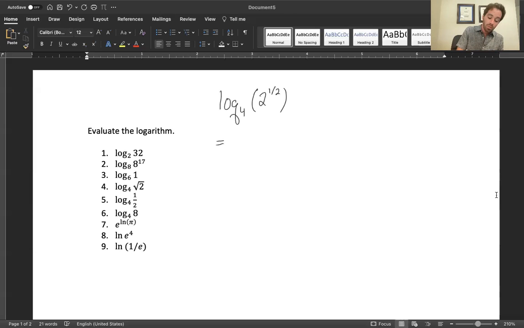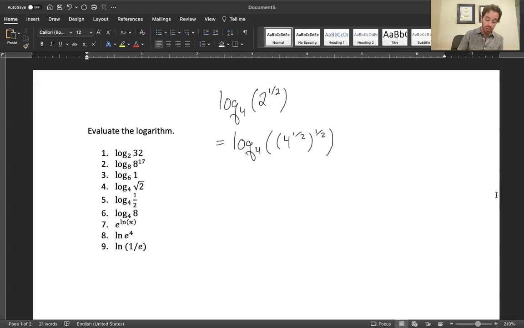So with that goal in mind, I'm going to say this is log base 4 of 4 to the 1/2 to the 1/2 power. Now, why can I do that? It's because 2, after all, is 4 to the 1/2 power. So I've got 2 to the 1/2. Well, I'm deciding that I will write that instead as 4 to the 1/2 to the 1/2.